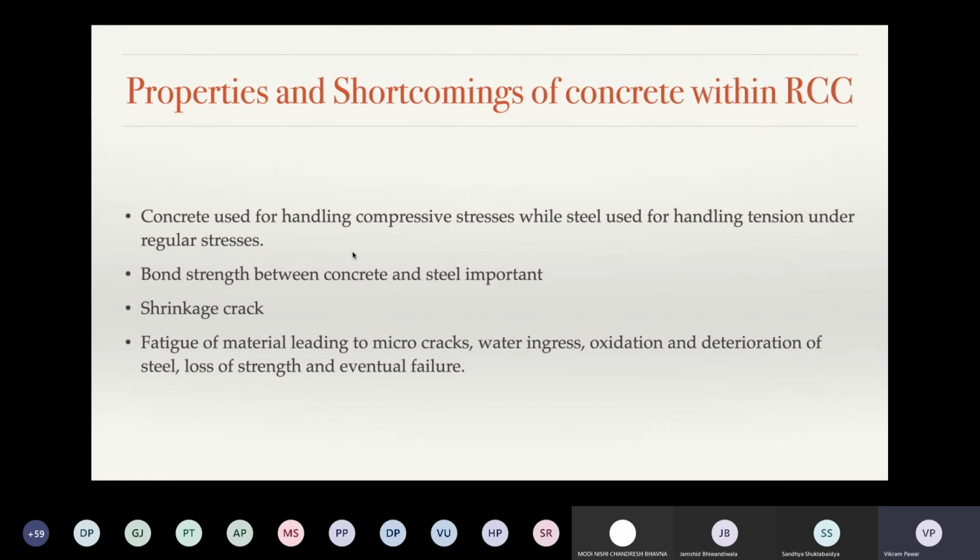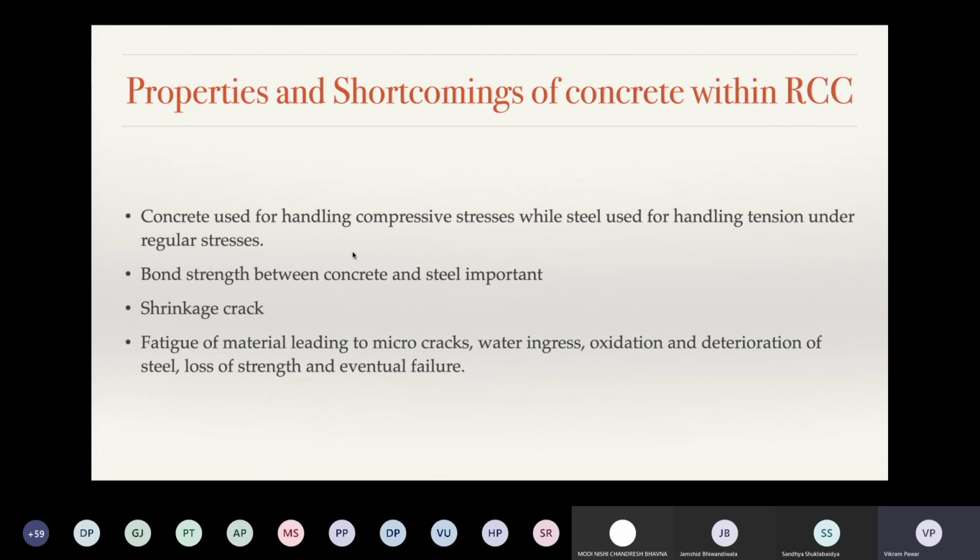Now, once the steel is laid, over a period of time material fatigue sets in. The steel, which is under constant tension, might experience fatigue, and there is a certain tendency of the steel to release or stretch along its length, resulting in micro cracks in the concrete.